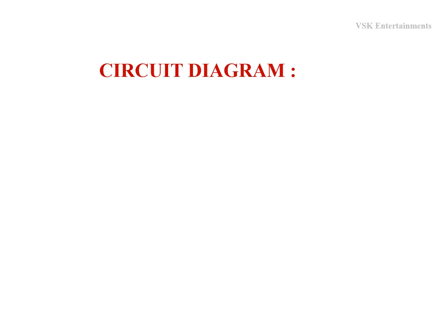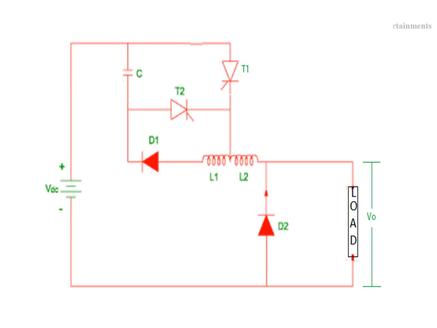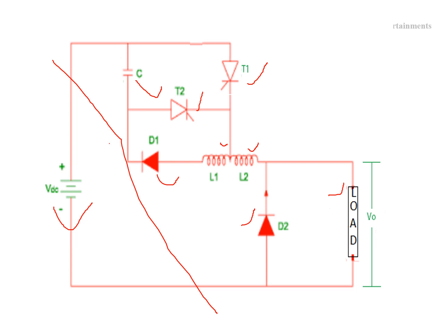Now consider the circuit diagram, this is the circuit diagram of the Jones chopper. It consists of two thyristors T1, T2, two diodes D1, D2, capacitor C, auto transformer having L, L1, L2, load, and this entire circuit is supplied by a constant DC voltage source VDC.